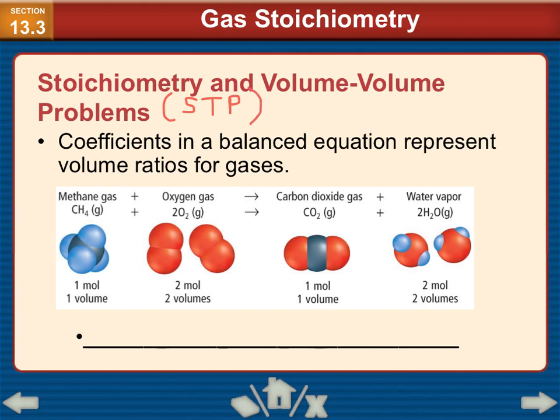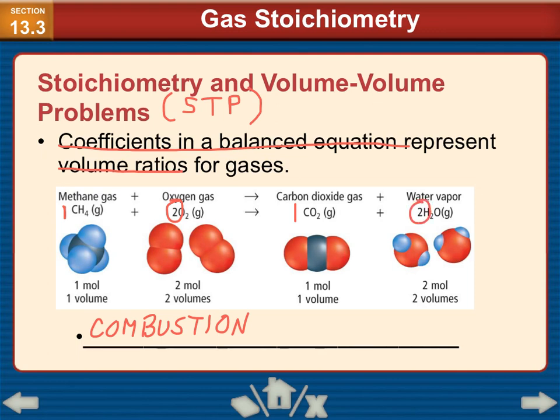And in the case where we had STP, the coefficients in the balanced chemical equation represented the volume ratios for the gases. So if we had the combustion reaction, which is given below, hopefully you all remember what combustion reactions are. We have a situation where the coefficients in this balanced equation, so we have 1 here, a 2 here, a 1, another 2.